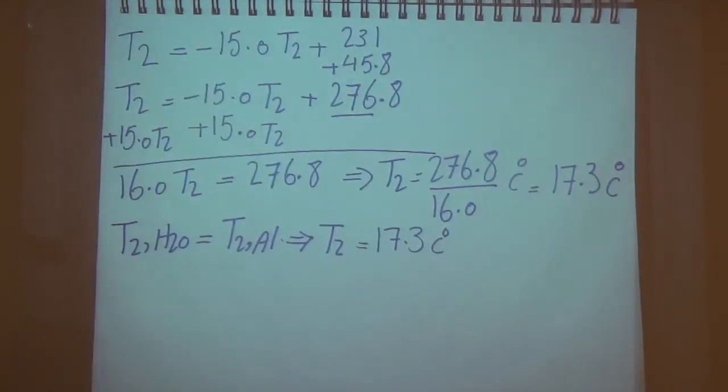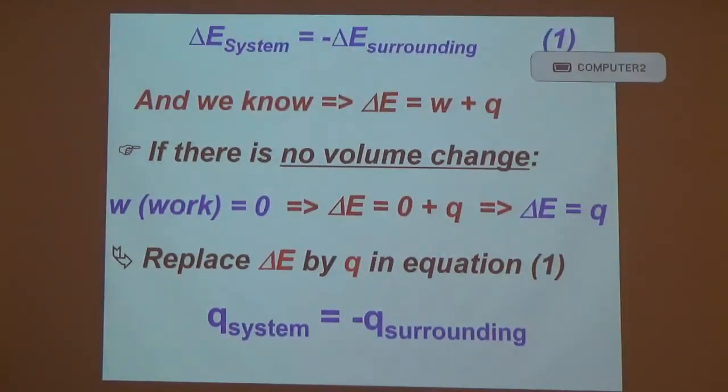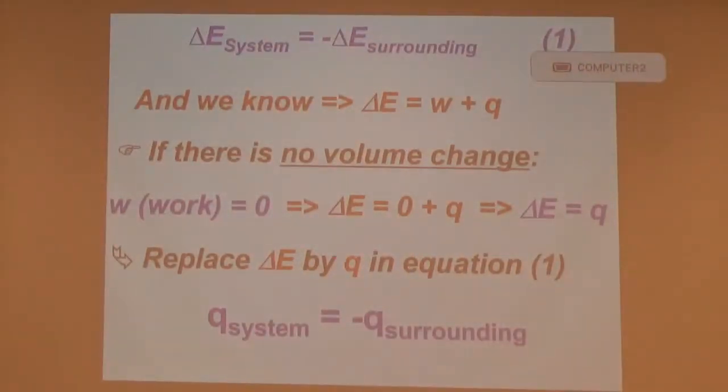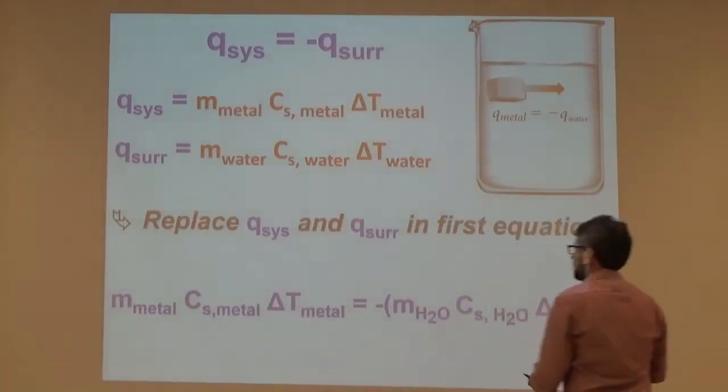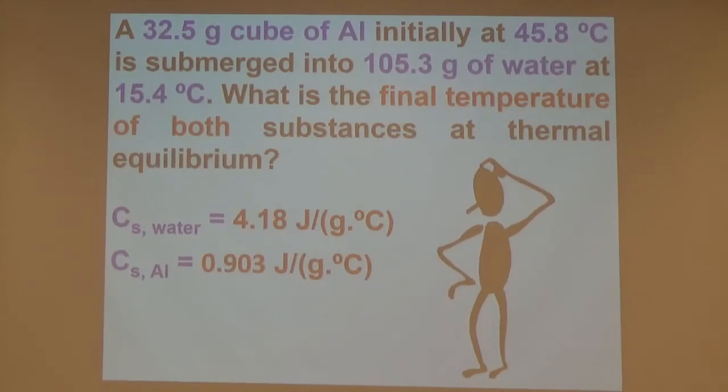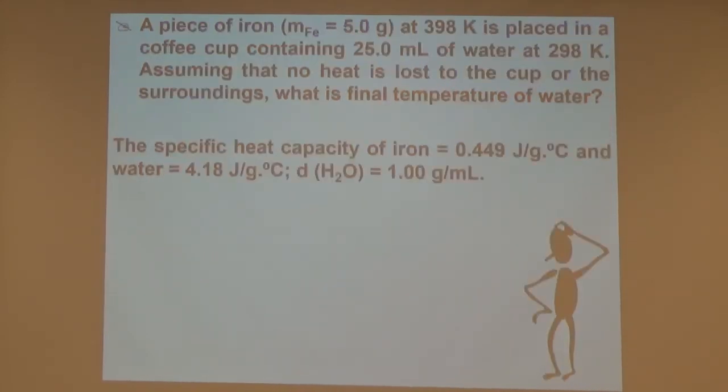So now we'll switch back to my PowerPoint. So I went through this question, and the next one I'm going to leave it to you guys. They give you the mass of iron, and the temperature of iron is also given.